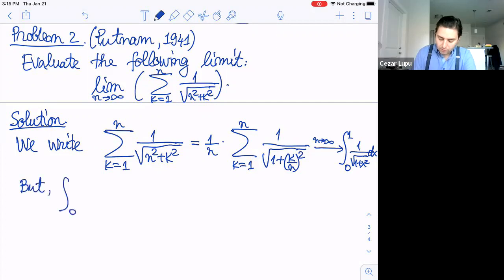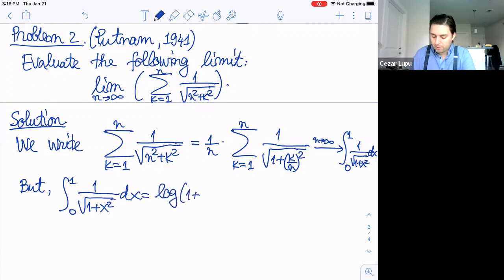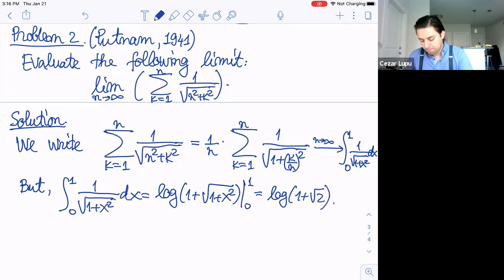The integral from 0 to 1 of 1 over the square root of 1 plus x squared dx is nothing else than just the log, the antiderivative is log of x plus the square root of 1 plus x squared, from 0 to 1, and this would give us log of 1 plus square root of 2, right?